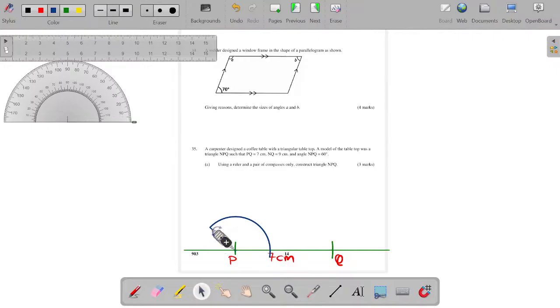And now transfer the same to this point that I've cut here without adjusting the compass. Make it cut like that. Then now join using a ruler from this point here.